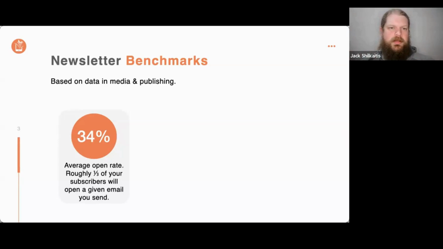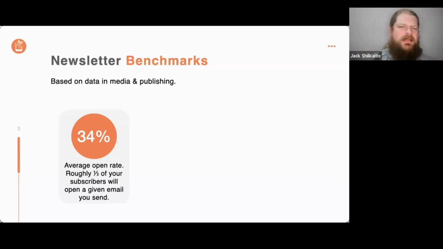With your open rates, this is going to be a measure of how effective primarily your subject line is, but also the from line, right? Who's that email coming from? Make sure that it's recognizable when it comes to their inbox, coming from a name that they recognize.